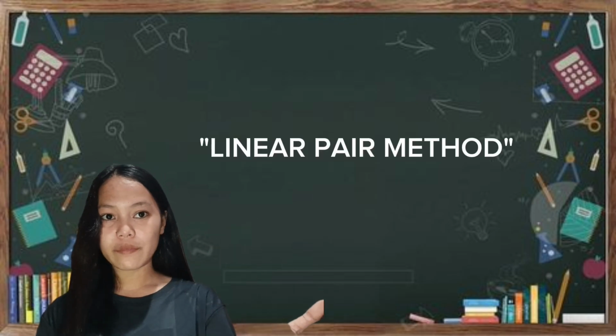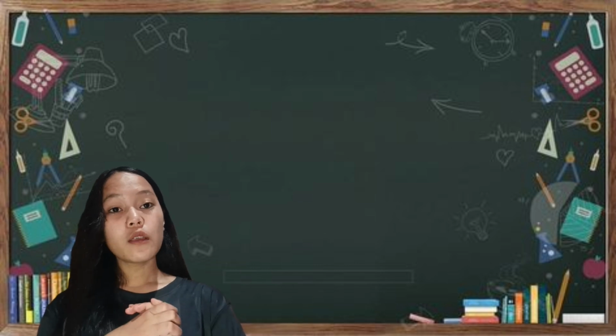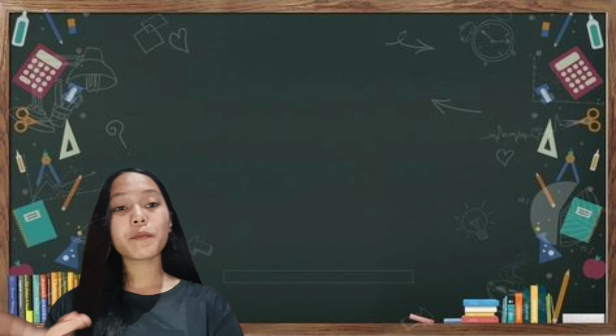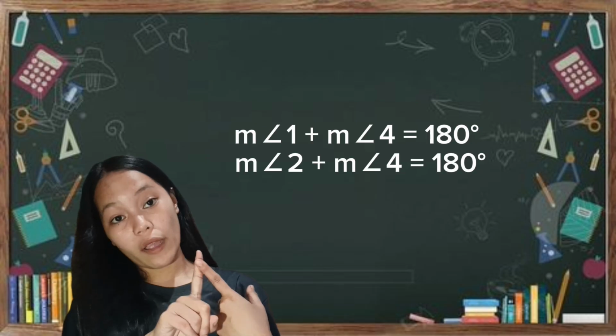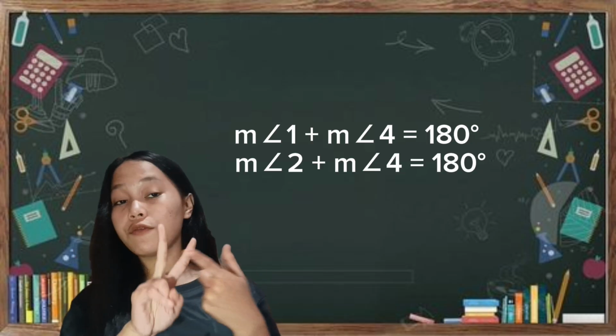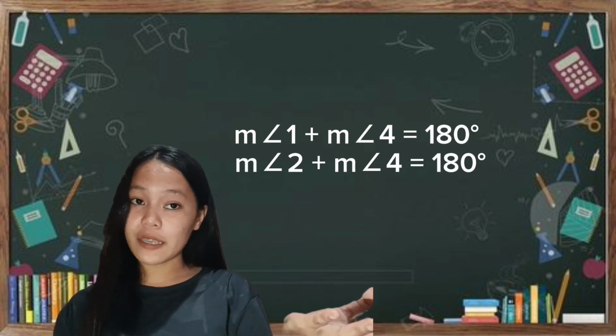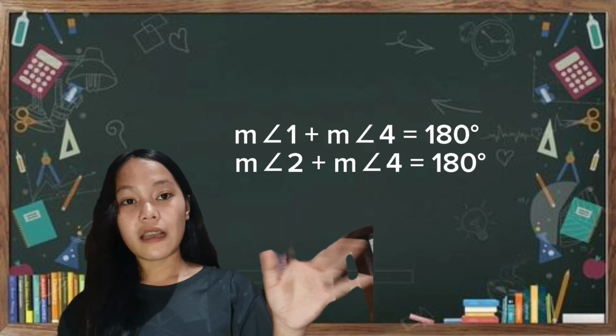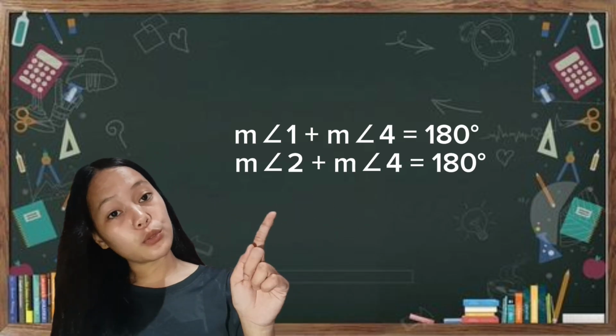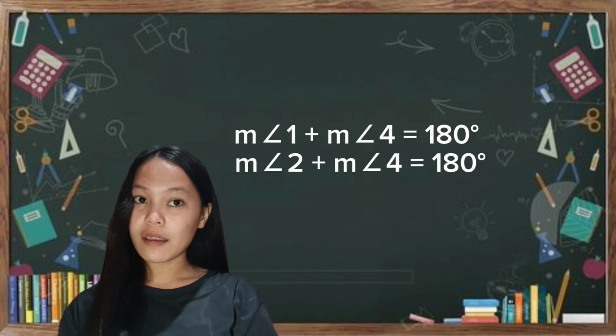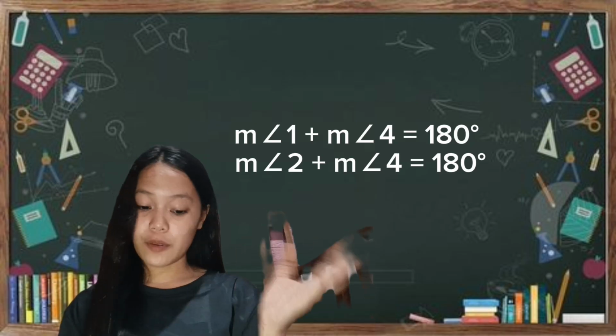So, how? To use the linear pair method, you will pair angle 1 and angle 4, which equals 180 degrees. Then angle 2 and angle 4 again equals 180 degrees.